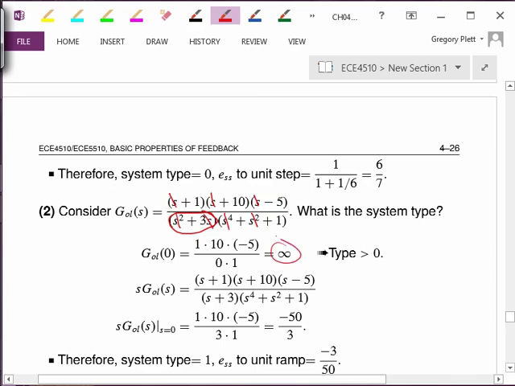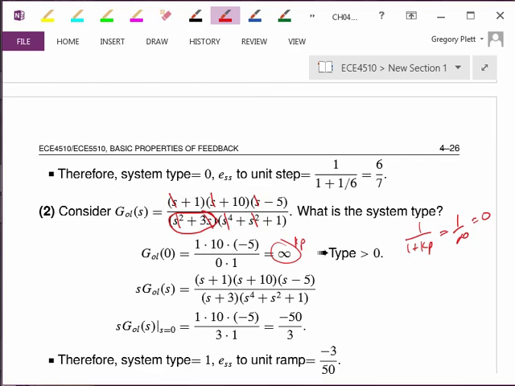And if you look at the steady state error, this is Kp. My steady state error is 1 over 1 plus Kp equals 1 over infinity equals 0. So there's no steady state error to a unit step for this system. So it can't be a type 0. It must be at least a type 1.